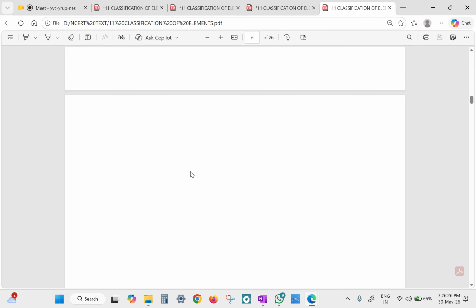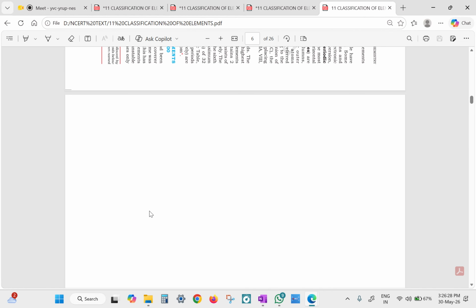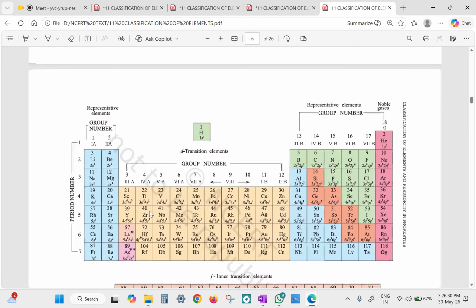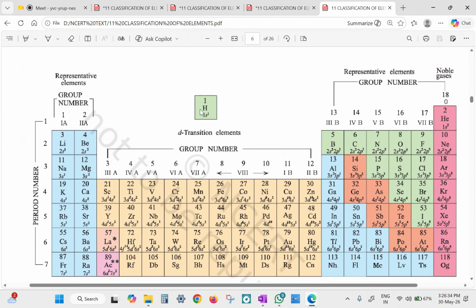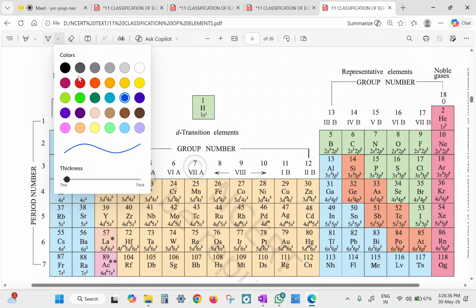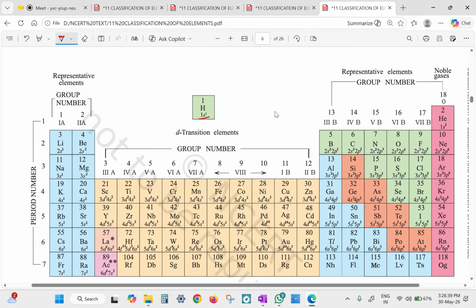So in the first period, you have only 1s getting filled up, correct? So 1s1 and 1s2, right? In period number 1, it is only 1s.